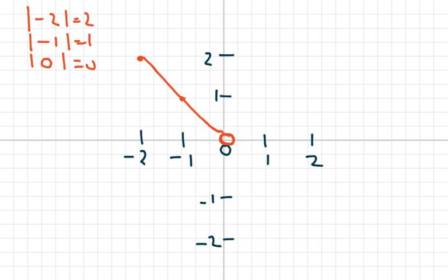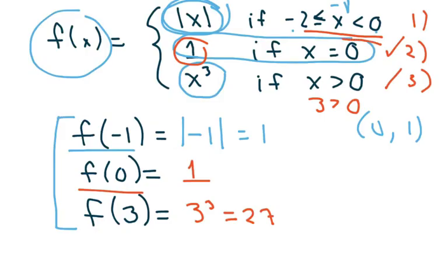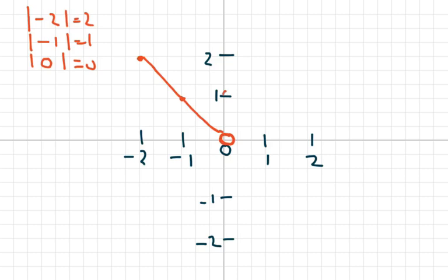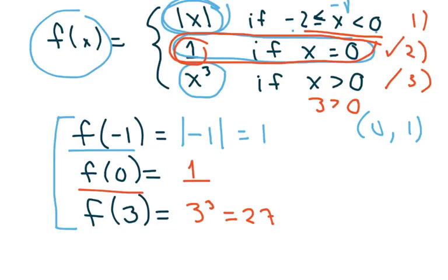Okay, so what happens at 0? At 0, we know y equals what? 1. So I go back here, and at 0, y equals 1, and that's a point. So I just put a point there. That's the second piece. Now the third piece says all numbers bigger than 0, and our power function is x cubed.